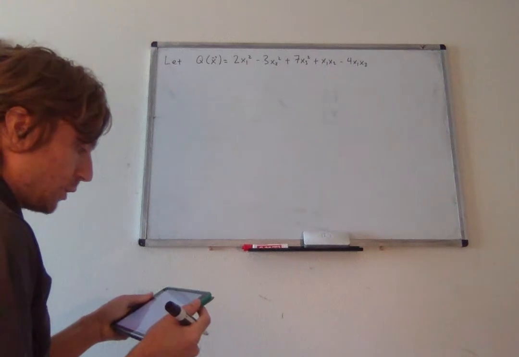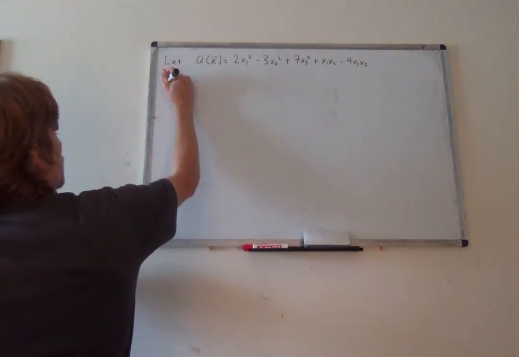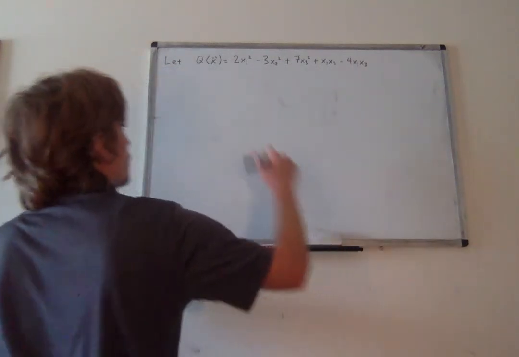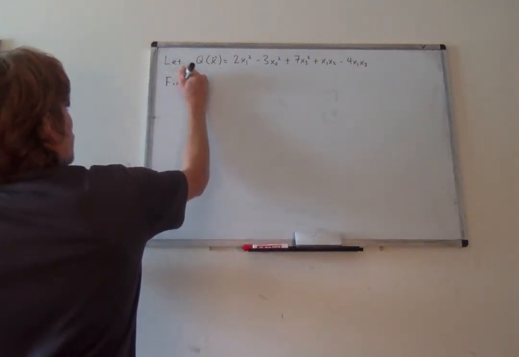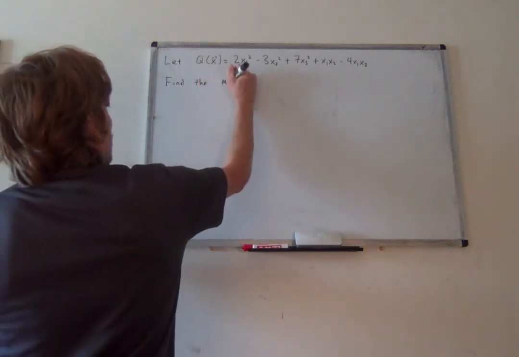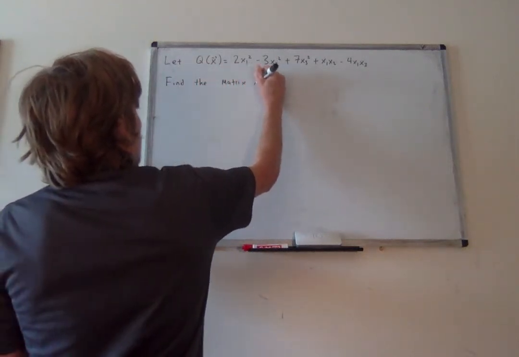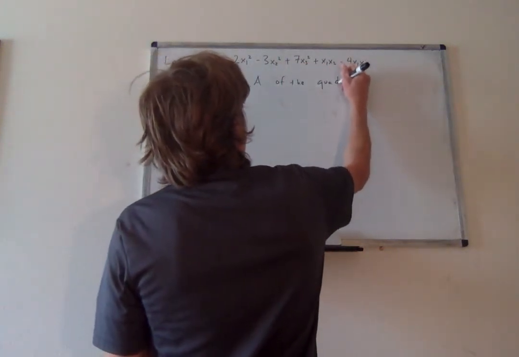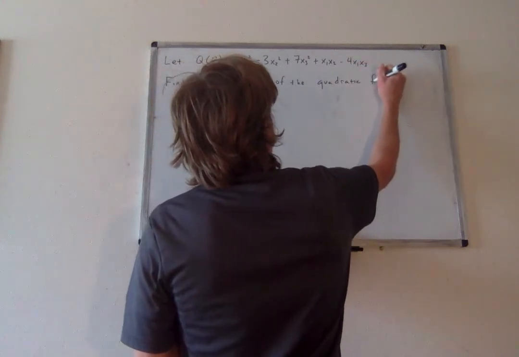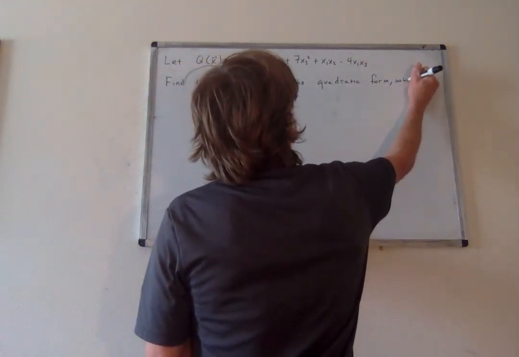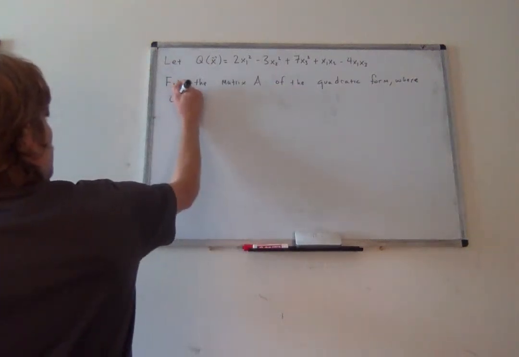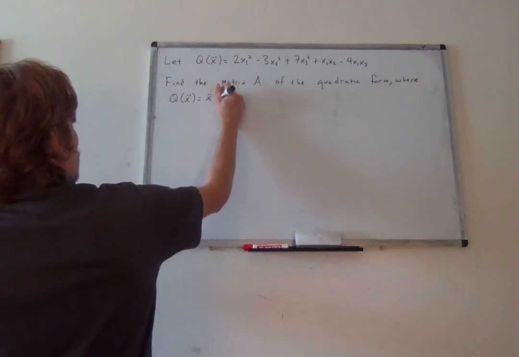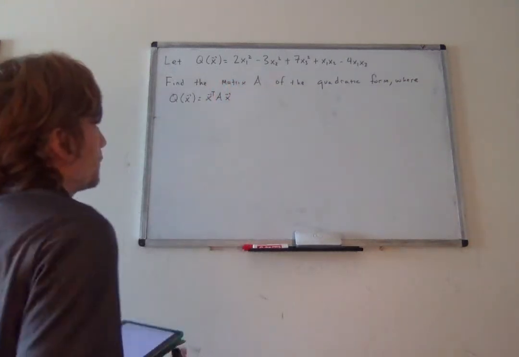And so our goal: find the matrix A of the quadratic form, that is, the matrix so that Q of x is equal to x transpose A x.